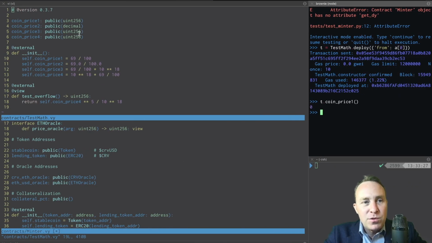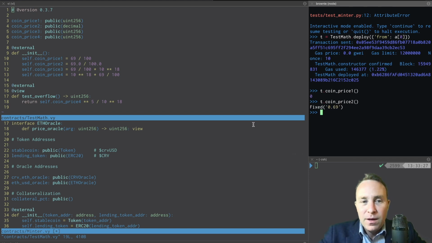If you would like to use decimals, you're going to have to actually pass the decimal types as 0.0 and 0.0. This is just a way that Vyper makes it exceptionally clear that you're dealing with decimals. So if I was trying to define coin price 2 as 69 divided by 100 without the decimals, it would not work. But if I do it like so, then it's returning back a fixed 0.69.